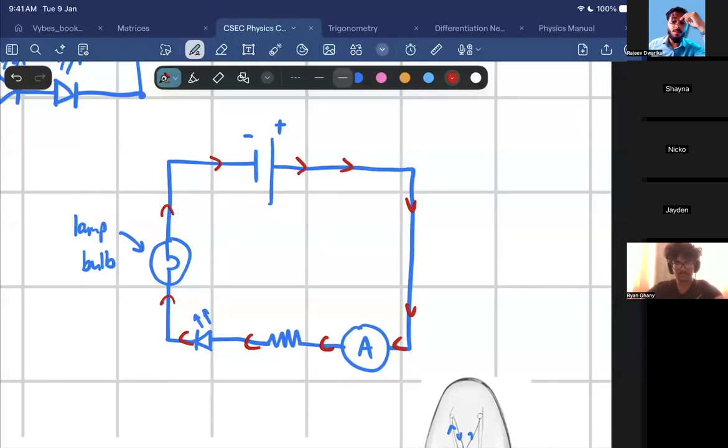Because, do you all know the proper definition for current? The proper definition? No. Alright. Current is the rate at which charge passes by a point on the circuit in 1 second.